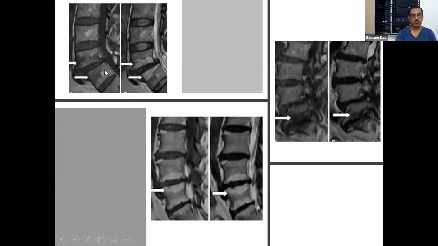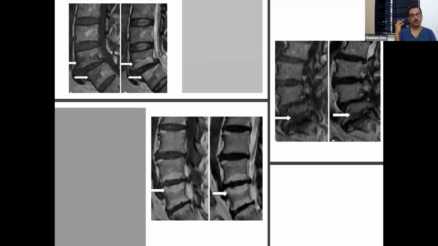And remember, the Modic type 1 changes very commonly present with back pain. If type 1 changes are there, around 2/3 of these patients present with back pain, and low-grade infection has been linked. There is some anaerobic infection, low-grade infection, though it's not very sure. These are the different hypotheses.